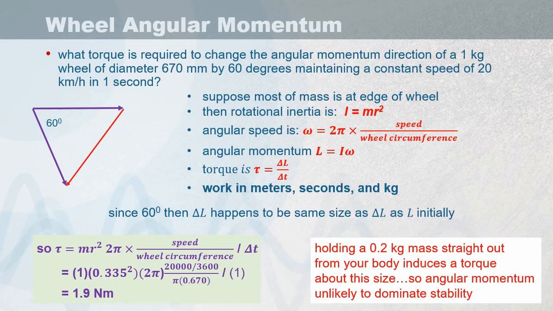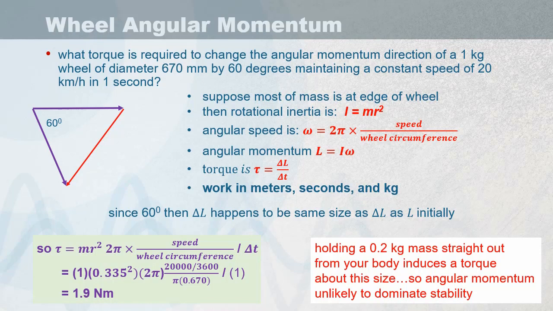Although in principle it's a vector problem, the fact that it's a 60-degree change in the angle, but with the speed remaining constant, means that the difference between the final angular momentum and the original angular momentum is just going to be the change in direction, given by, again, that red line in the diagram.